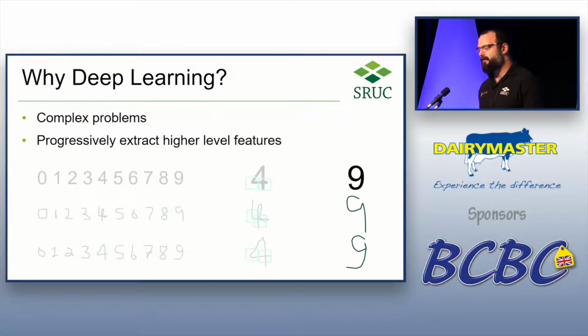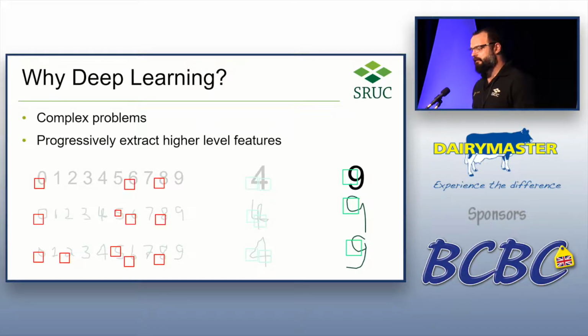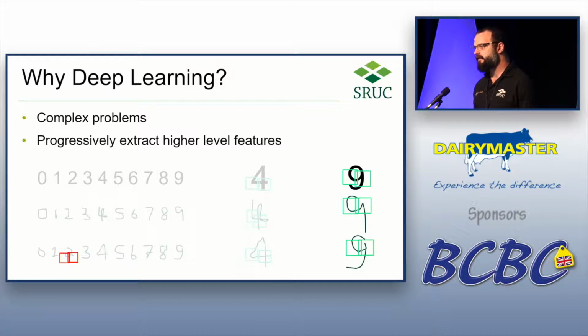So if you look at the number 9, the computer might find this shape over there and say, I can write an exponential equation. That seems to be common in all 9s, but it gets confused a lot. It doesn't get confused with 3s or 4s, so it's a good enough feature, but it needs some more. It adds another shape in there, and it says, well, this is a good identification of the number 9.